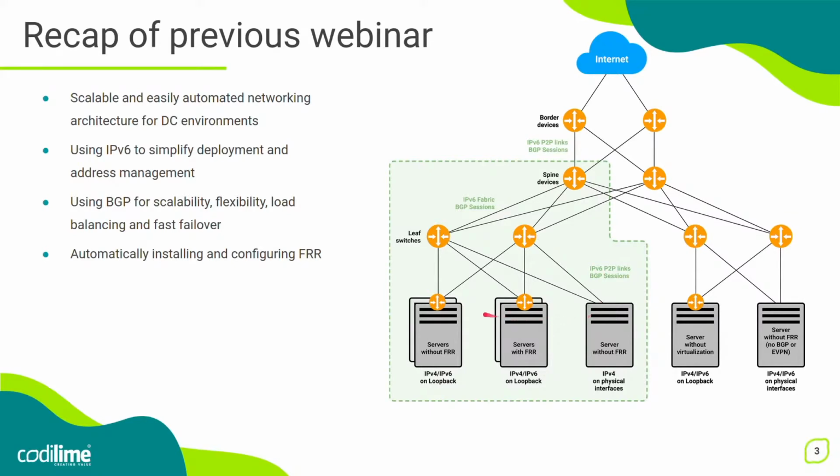And this is especially important in case of large data centers with thousands of connections, thousands of servers, because this IP addressing does not have to be done manually. Now, even though we are using IP version 6 addressing, we can still achieve native IPv4 connectivity between the servers. So we've got dual stack, we can use IPv6 and we can use IPv4.